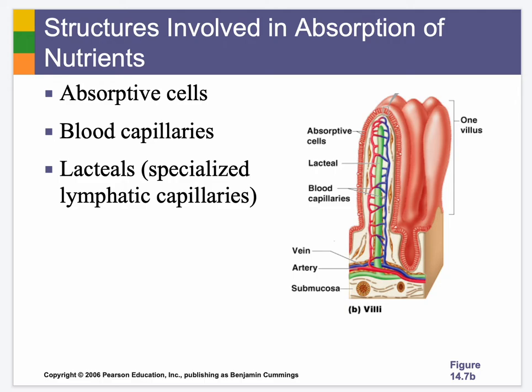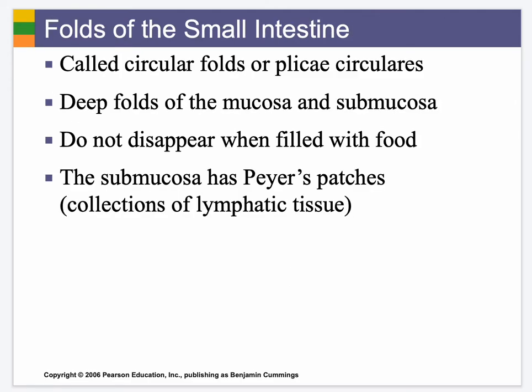So what are the structures involved in the absorption of nutrients? First is your absorptive cells, then your blood capillaries, then your lacteals, which are specialized lymphatic capillaries. So, ano yung mga structures involved na absorption ng nutrients? You have your absorptive cells, your blood capillaries, and your lacteals, which are specialized lymphatic capillaries.